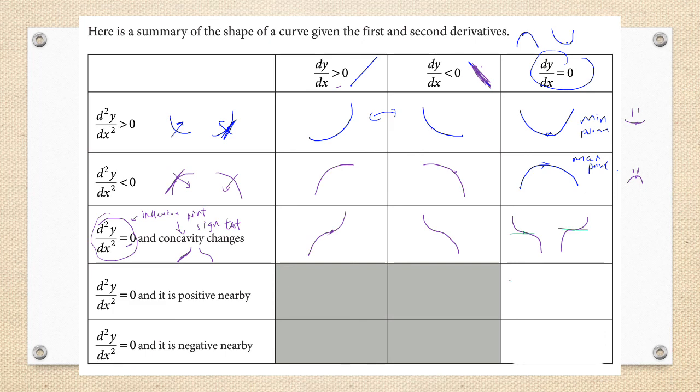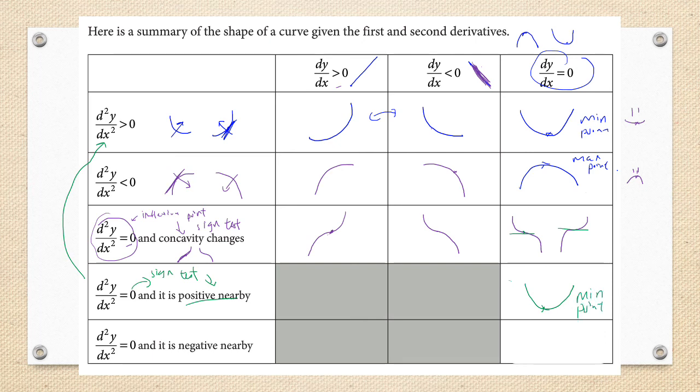Okay, and if my second derivative equals 0 and then I do the sign test, and it is positive nearby, positive nearby comes to here. Positive nearby means that it is a cup shape, so this is a minimum point.